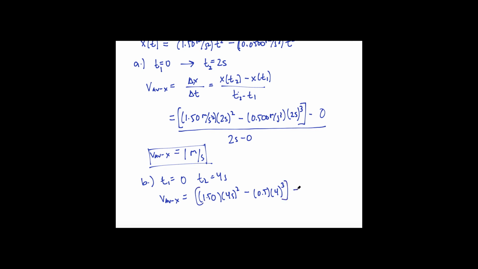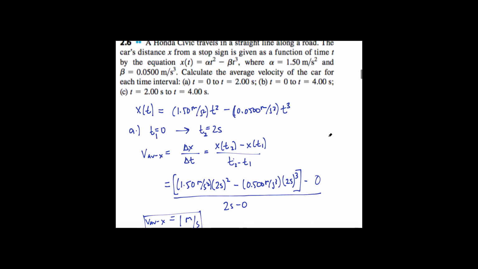From that I'm going to subtract, again, 0, this time over 4 minus 0. And so my average velocity for this part will end up being, I'll go ahead and write this further to the right, if I square my 4, multiply by 1.5, from that subtract 0.5 times 4 cubed, I end up with negative 8 divided by 4 gives me an average velocity of negative 2 meters per second.